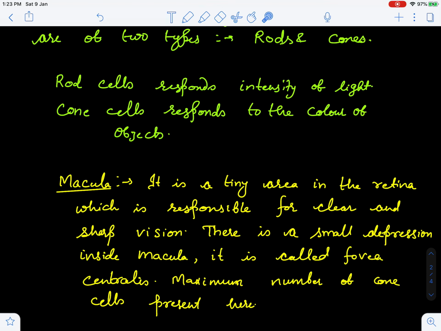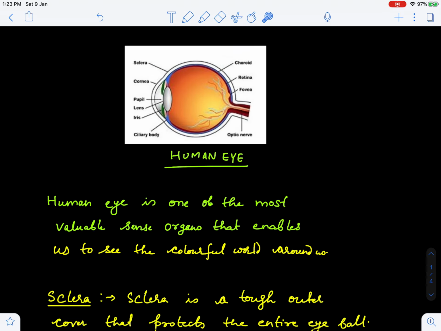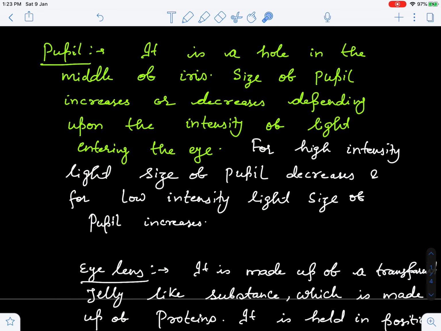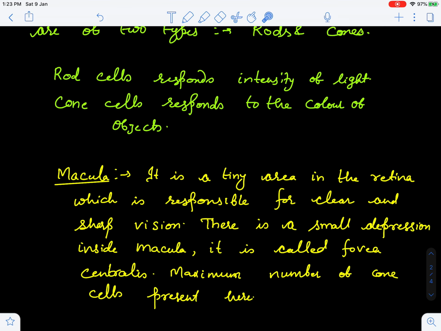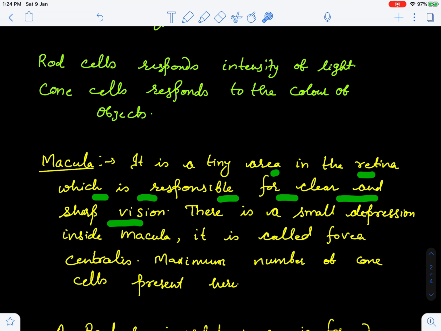Macula. Actually it is not shown in the diagram, but I'll show you. This portion is basically the macula, which is a part of the retina. The macula is a tiny area in the retina which is responsible for clear and sharp vision.